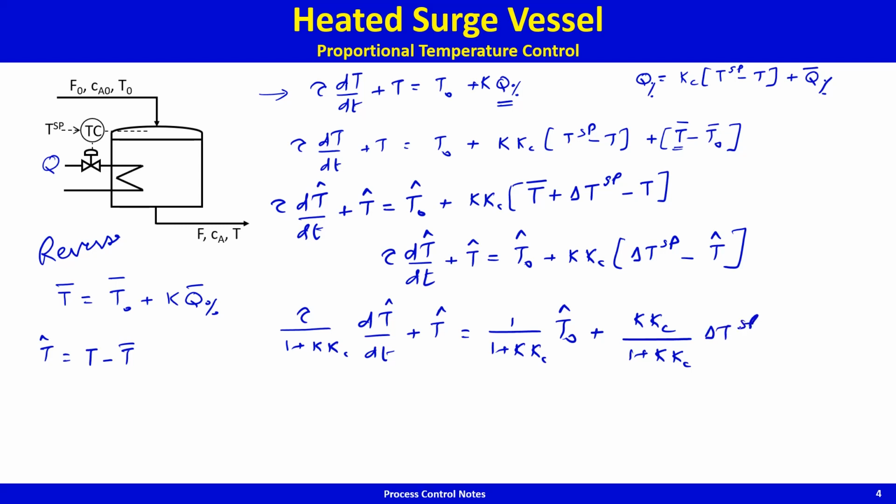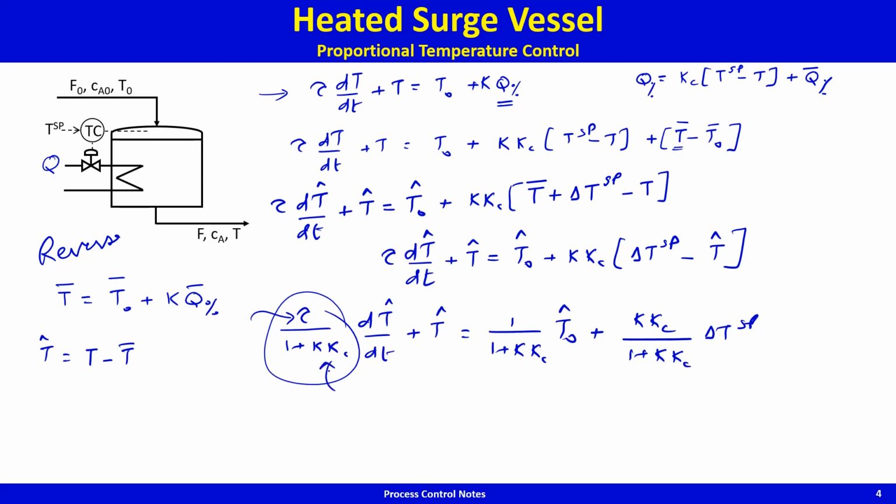So this is again a first order differential equation, and now you have an equivalent time constant of the control system, which depends both on the operating condition and on the controller tuning.